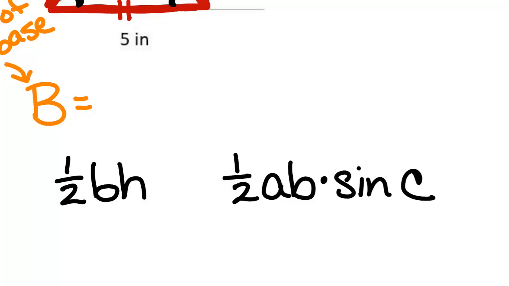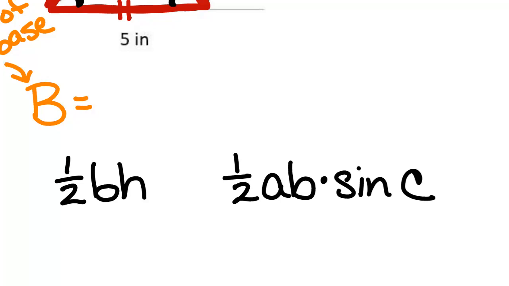To use 1/2 base times height, I have to know one side of the triangle that we're going to call the base. And then I need from the vertex down to that side, I need the height of the triangle that goes from a vertex down to the side. Do I have that on this triangle? No. I do not have something that goes from the vertex down to the side and makes a right angle with my side.